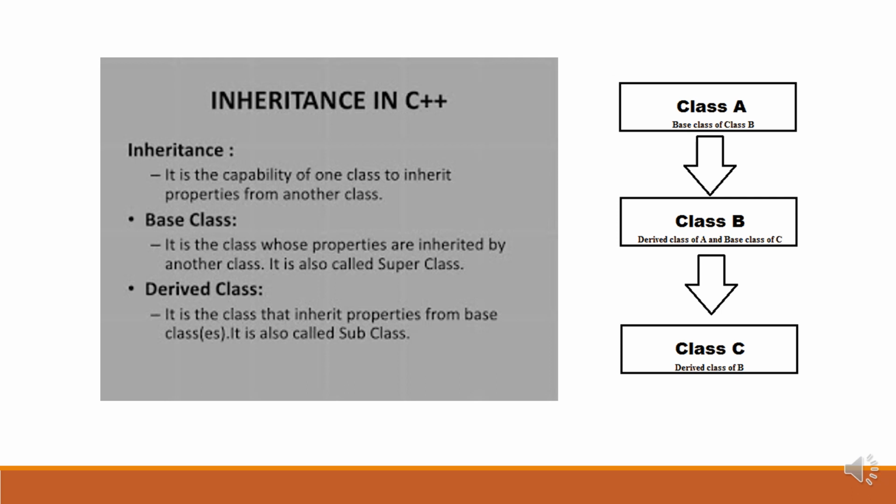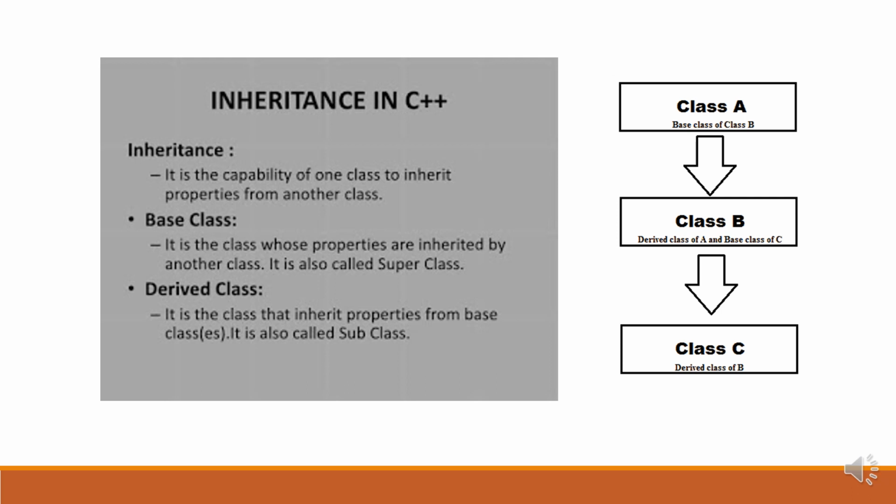The class whose properties are being inherited is called the base class or the superclass or the parent class. The class that is acquiring the properties is called the derived class or the subclass or the child class.